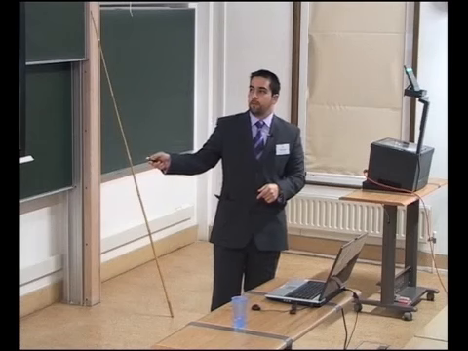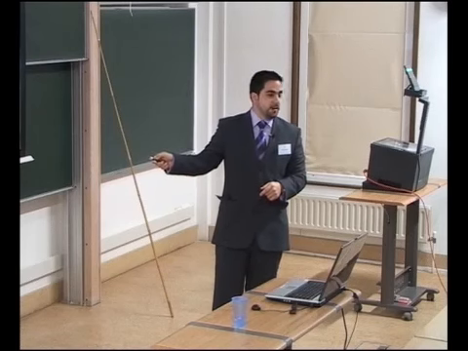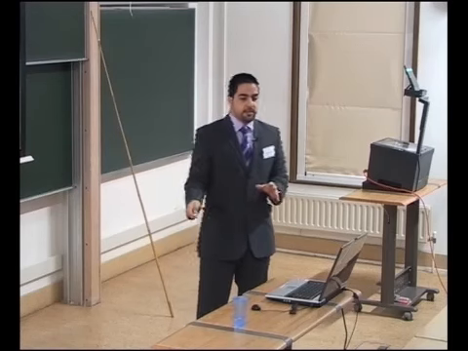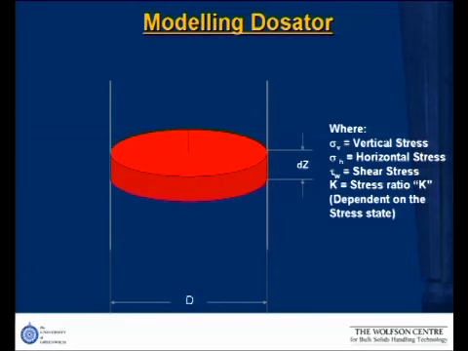We use as well what is called the method of differential slices. So we divide, as you notice in this picture, the powder bed and also the powder inside the dosator into slices. If you take one slice, you have a slice with diameter D and height dz.